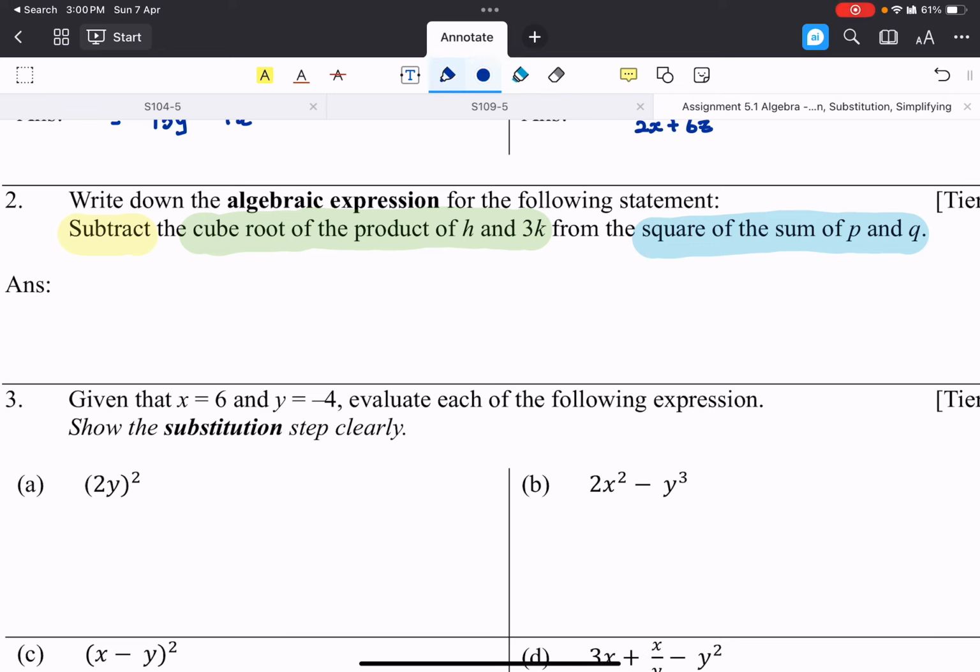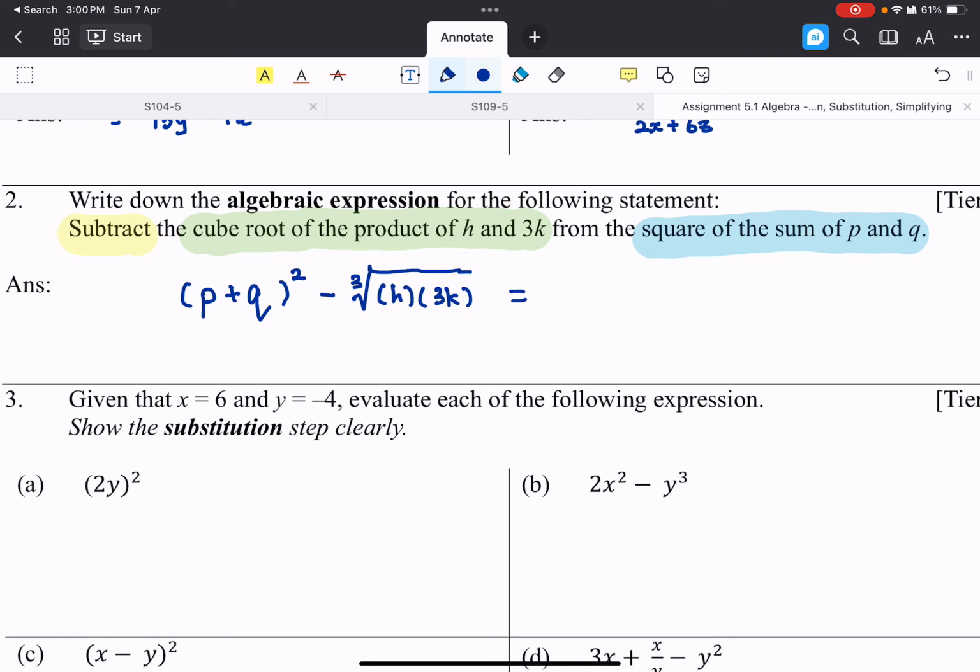The blue section is the sum of p and q, which gives us p plus q, and then we square this portion. This is the part that's highlighted in blue, and the part that's highlighted in green will look like this. It is a cube root, so we have the cube root of the product of h and 3k. Right? So that's how it looks.